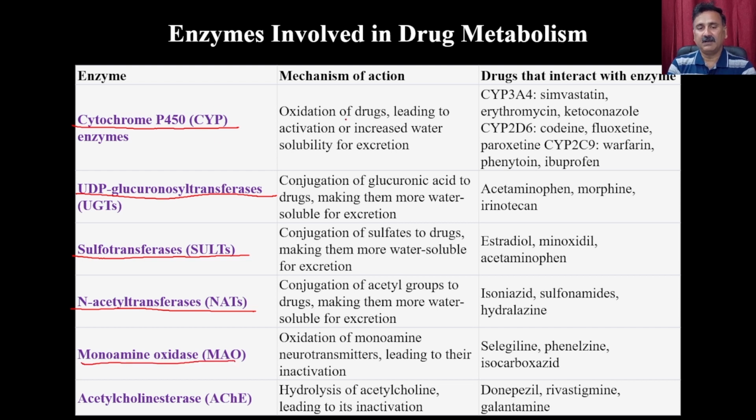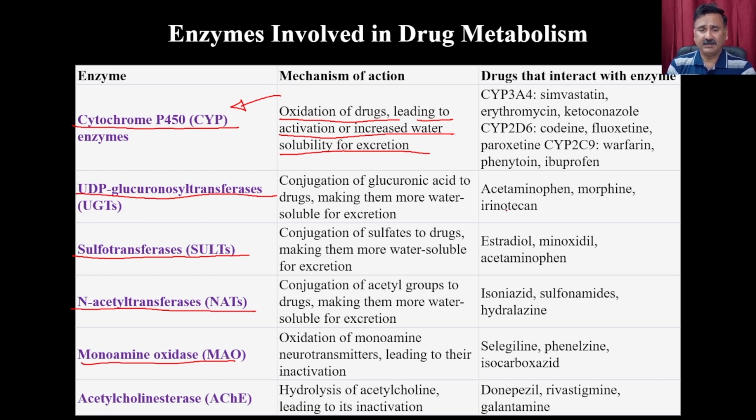Cytochrome P450 oxidizes the drugs, leading to activation or increased water solubility for excretion, and there are drugs available to inhibit the activity of these enzymes, because when they inhibit, there is a higher level of drug in the blood circulation.